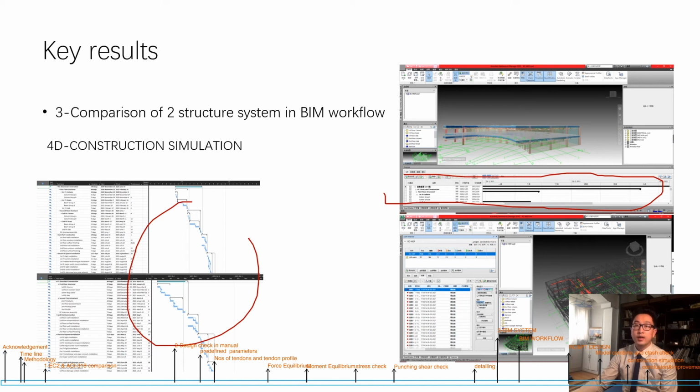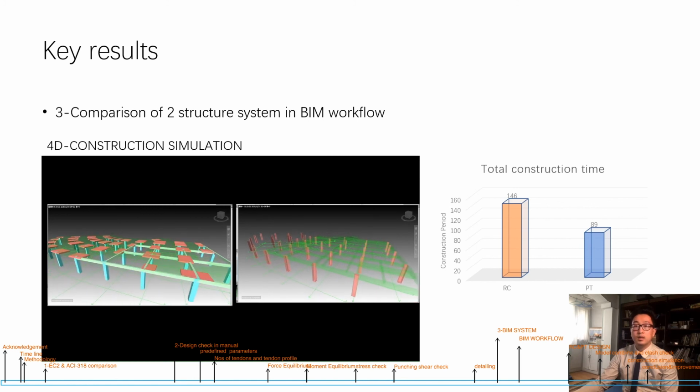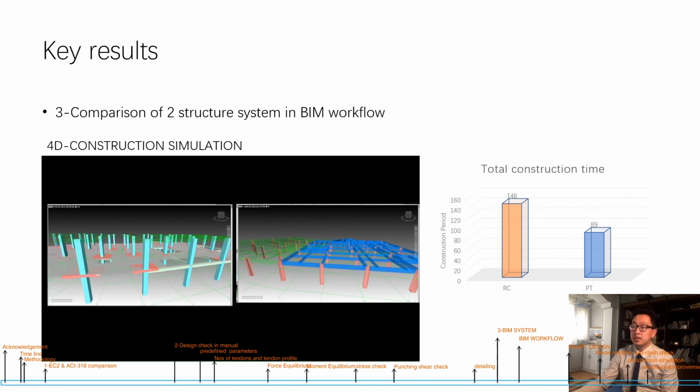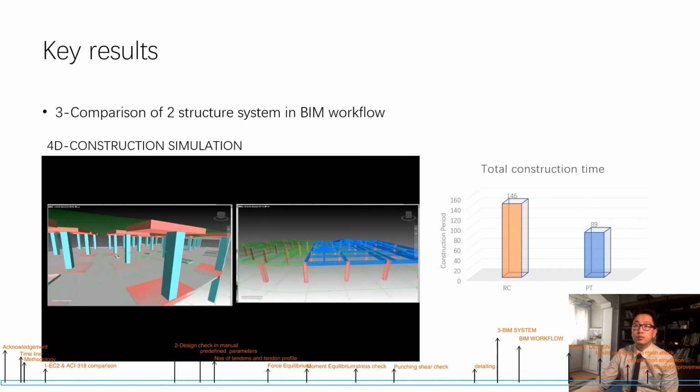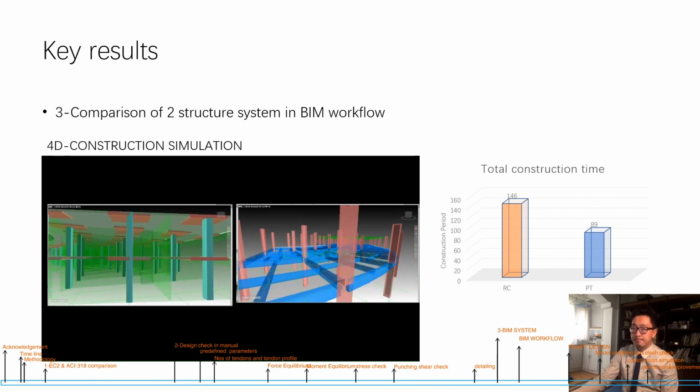During the simulation, we can find the underlying potential to squeeze the schedule shorter by better visualizing the construction progress before starting construction activity. By simulation, I found out that using PT slab, the construction time could almost reduce by half compared with RC construction time.